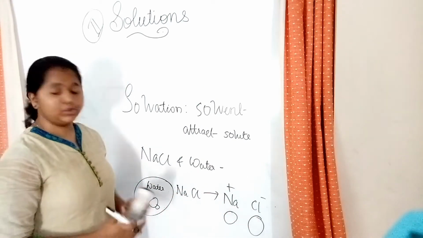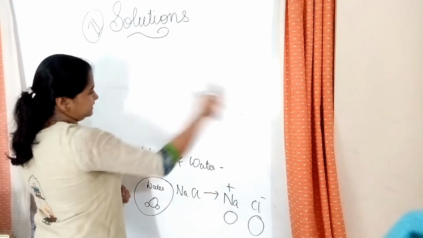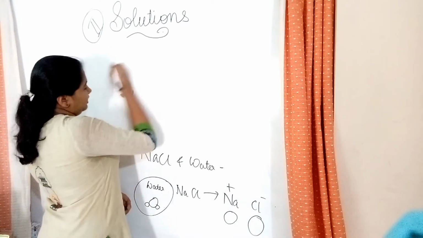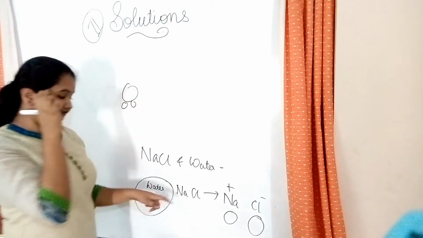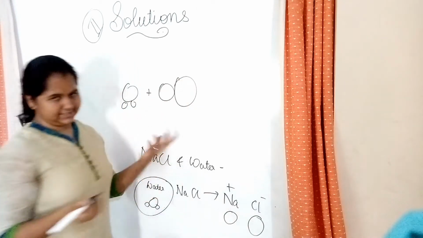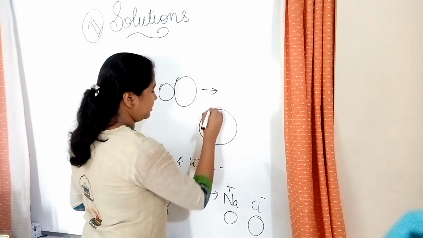So I told you that when water and salt are added together, there is solvation. So let's draw H2O and NaCl like this. What would happen to this?